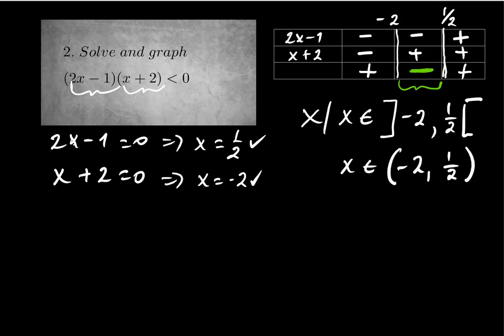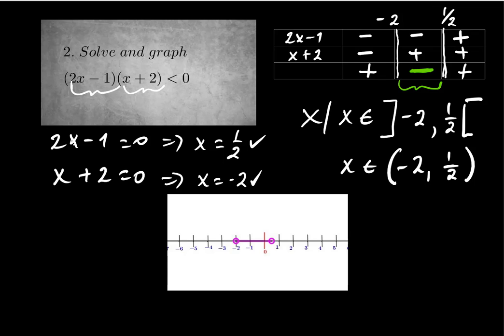That means -2 and 1/2 are not included. We can verify that. So if we want to graph this on the number line, it will be easy here. This is the representation here on the number line.